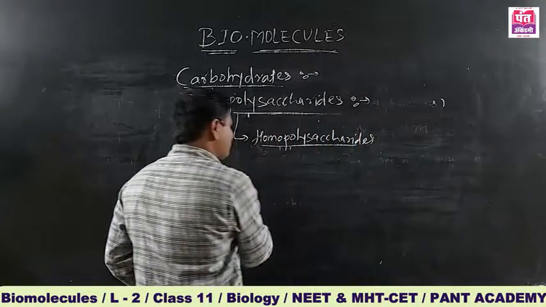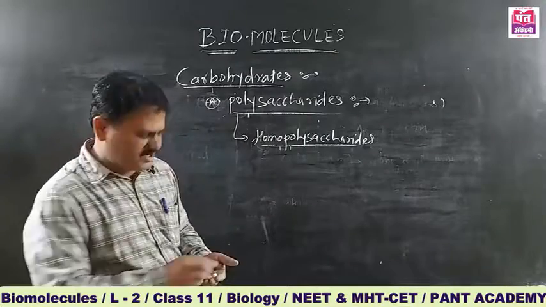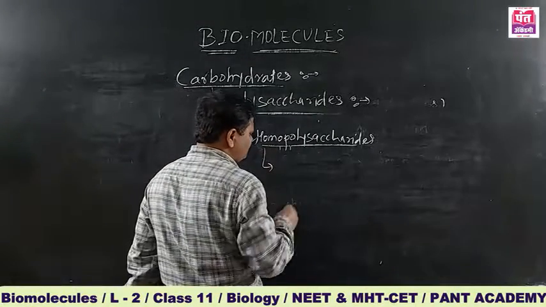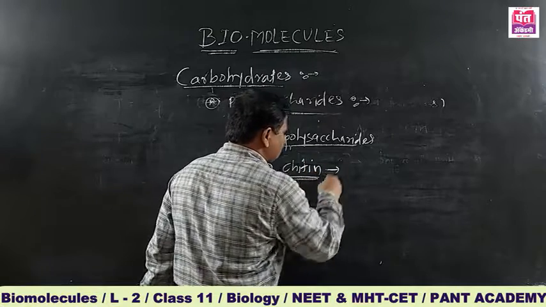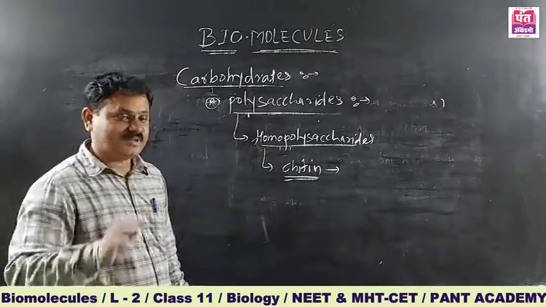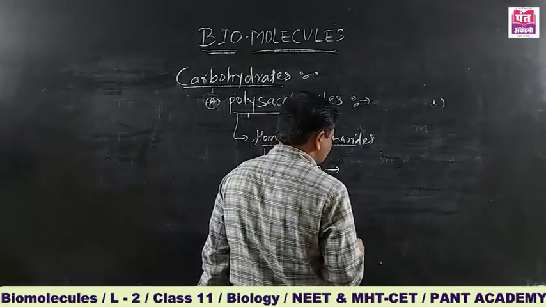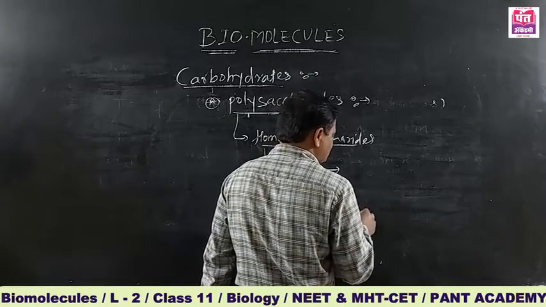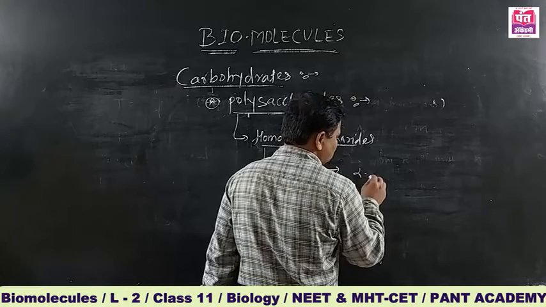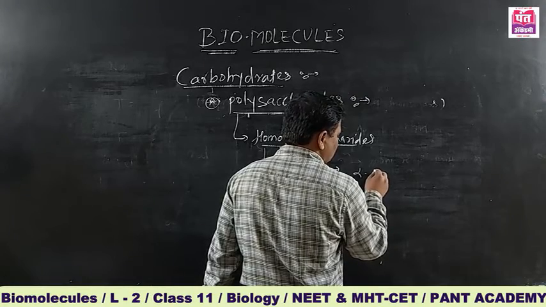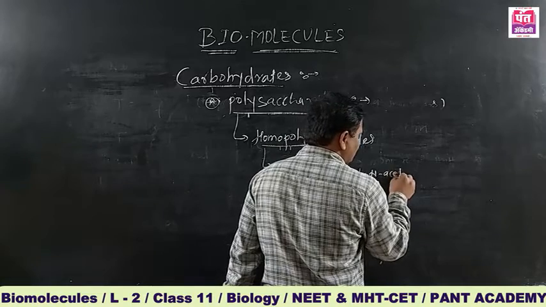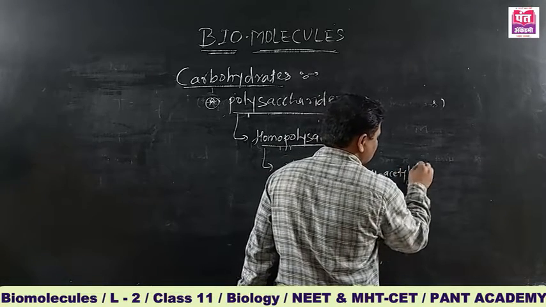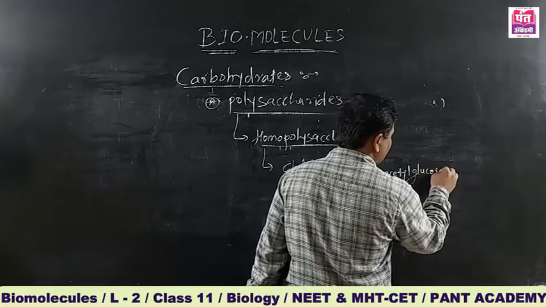Another important homopolysaccharide we have to discuss is chitin. Chitin is formed especially of alpha N-acetyl glucosamine.